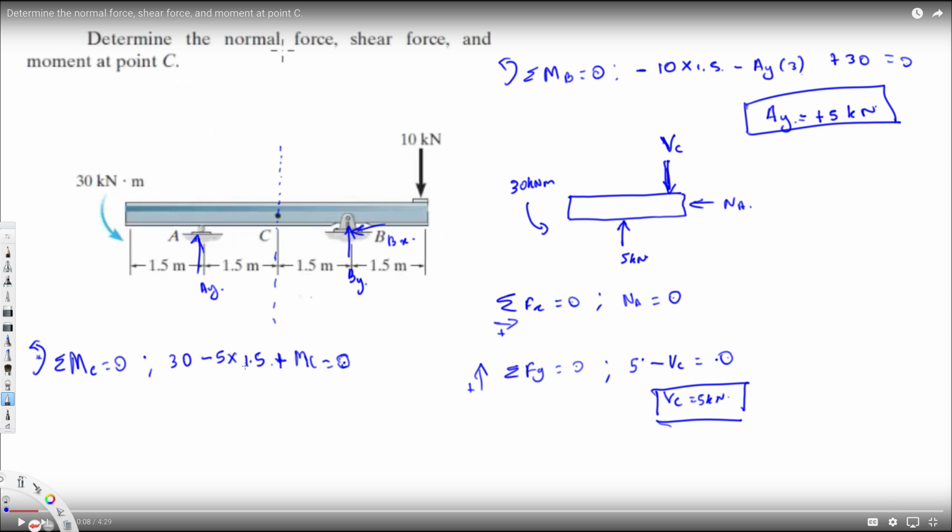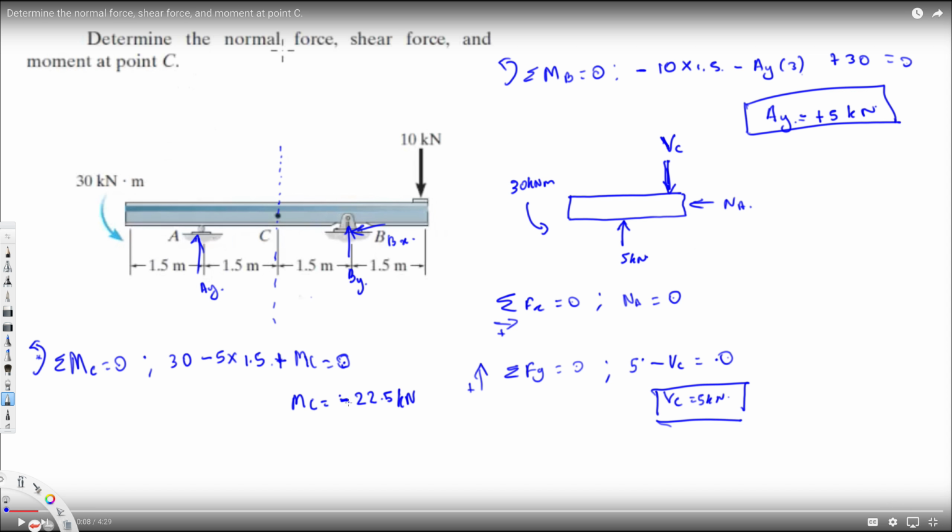So 5 times 1.5 is 7.5, so 30 minus 7.5 is positive 22.5, and if I take MC to the other side, it's negative 22.5.